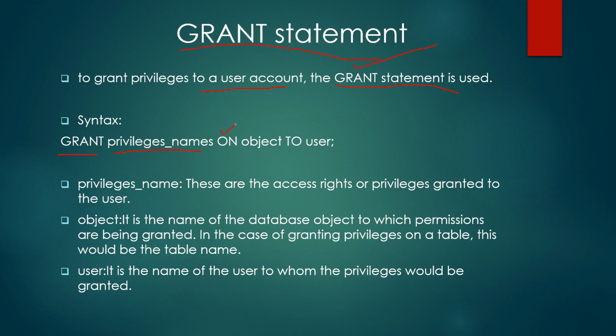Then ON, which is a keyword, and then the object. Your object is nothing but a table. You have to specify the table name, on what all tables you want to apply those privileges for the user. If you want to pass multiple tables, you can do so by separating them with a comma.